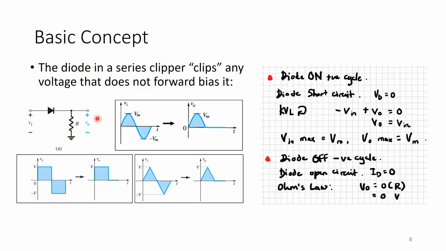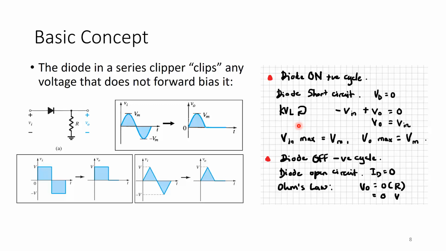So if I do Ohm's law across this resistor, follow my laser pointer, V out is equal to 0 times R, which is equal to 0 volts. So in the negative cycle of the input, the corresponding V out is just going to be 0 volts. And when this sinusoidal repeats itself, the output would also go from positive to 0, and then positive, 0, positive, 0.